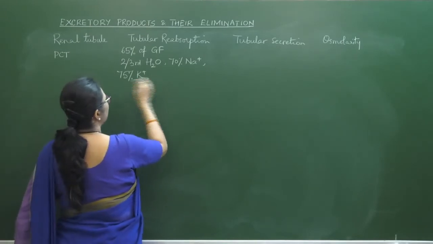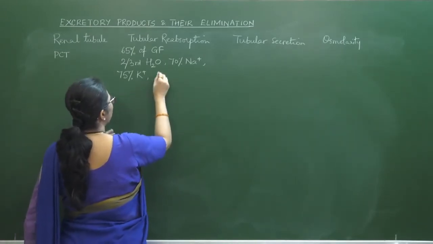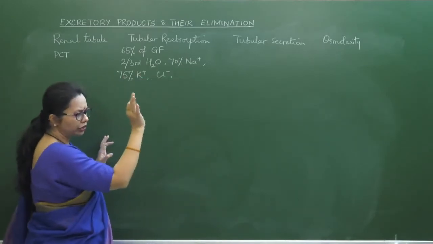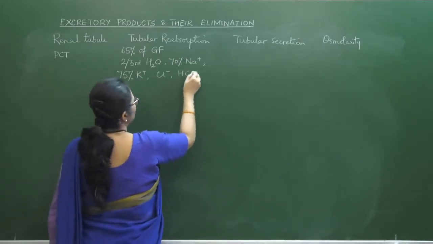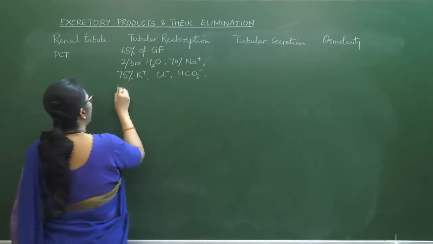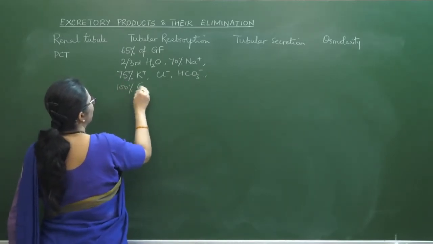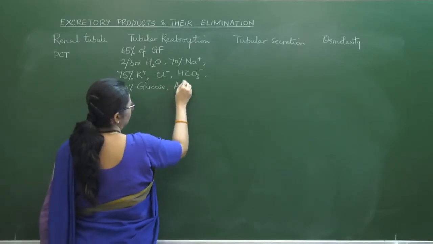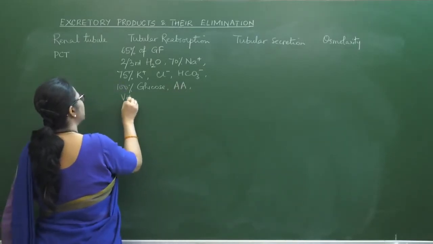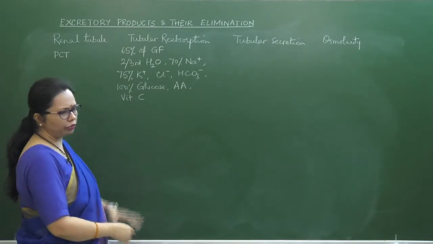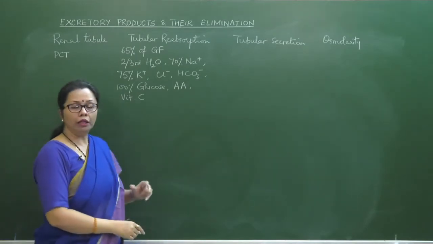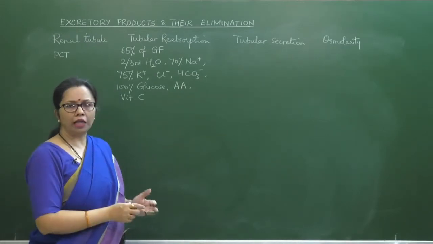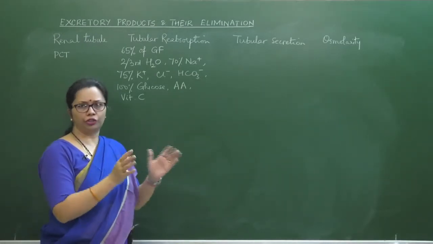So this is there. Then apart from this, there is chloride. I'm just not writing the percentages, just the important ions and water. Then 100%, this I can certainly mention, 100% glucose, amino acids, even vitamin C, all this is getting reabsorbed here. And the absorption part is very similar to what I had taken up with you in digestion.